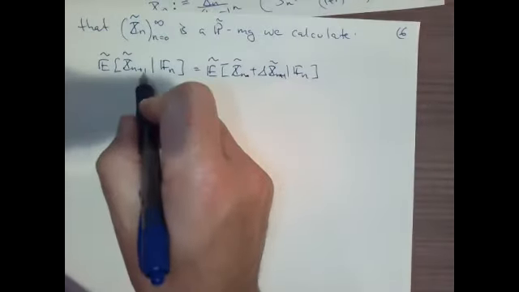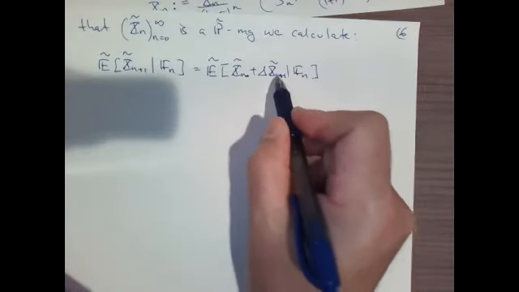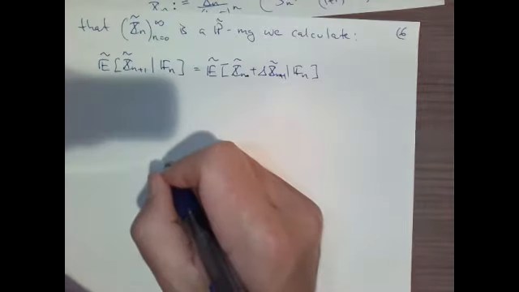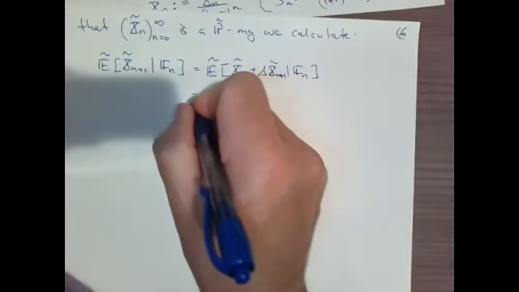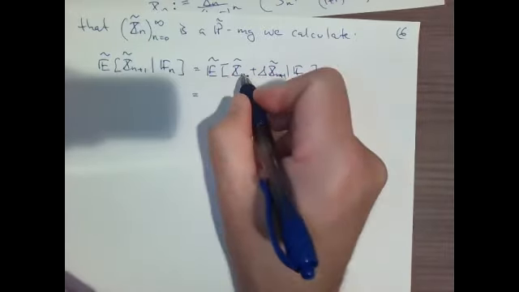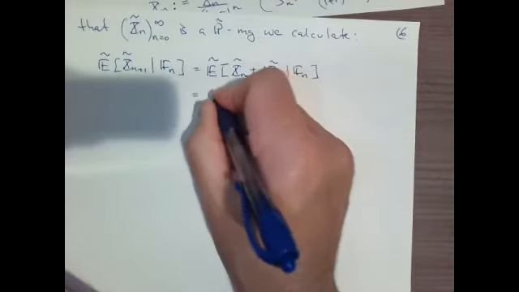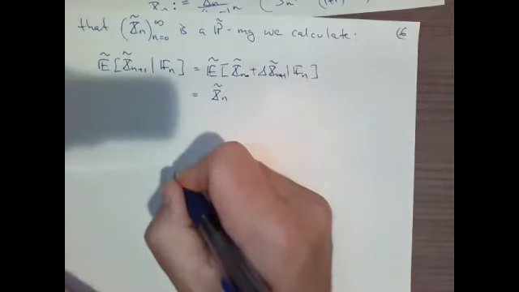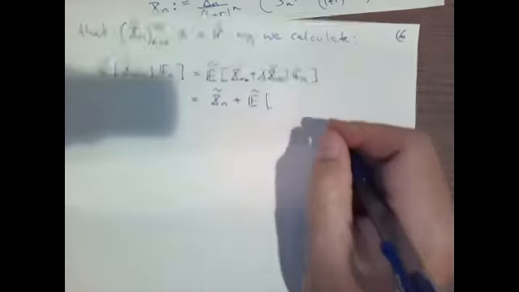Right, xn plus 1 is equal to xn plus delta xn plus 1. And so I have a conditional expectation of a sum. I'll use that the conditional expectation is linear. The first part is already measurable. xn tilde is measurable at time n. Put it outside.